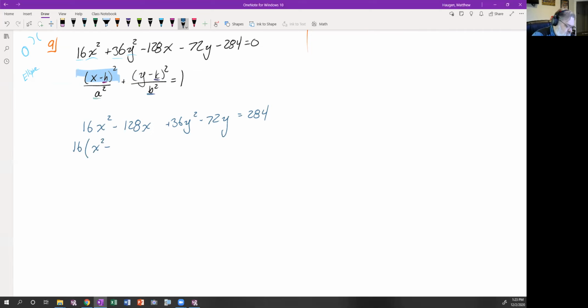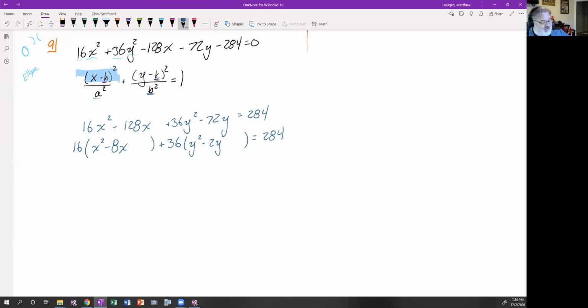Yeah. And then we can figure out what to add there to make it complete. Here we've got to factor out a 36, the same reason. 36 times y squared minus 2y. And then we're going to have to figure out what to add there. And still going to equal 284.